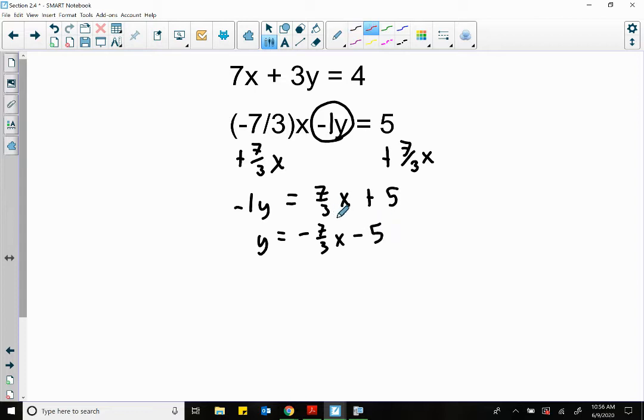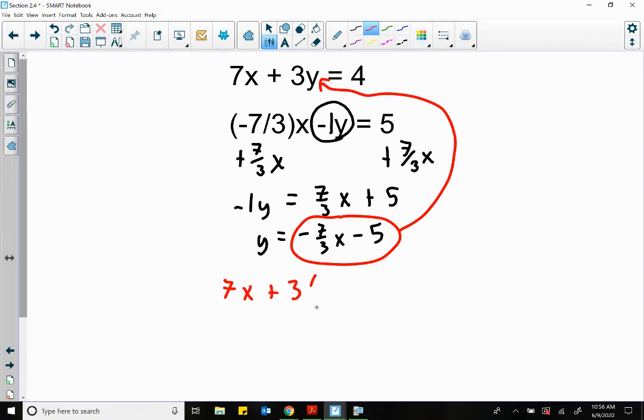Now you know what y equals, and you can take and plug that in. So we're going to have 7x plus 3 times y, which is negative 7/3 x minus 5, equal to, close that parenthesis, of course, 4.